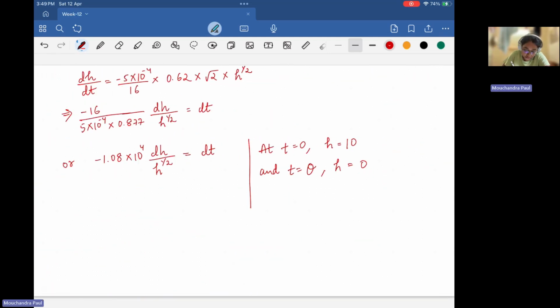So we haven't considered here the value of g, that is 9.8. We haven't considered that part. The 2 root of 9.8.